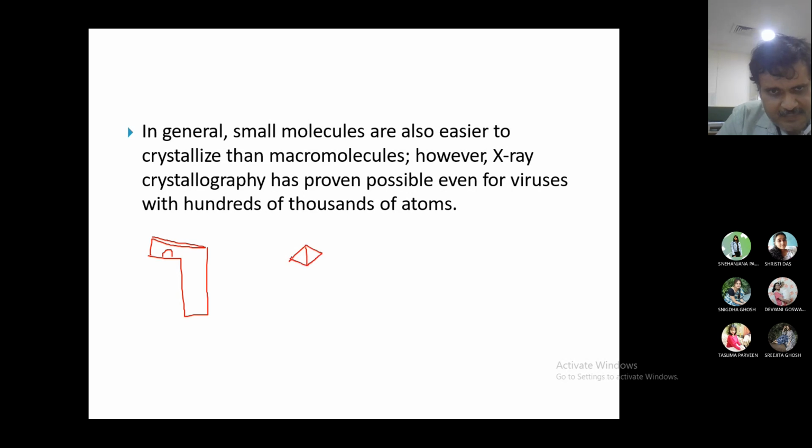This is a proper crystalline structure with a lattice. Suppose this is any protein, I don't know what protein I am drawing, but it can form a regular repeating structure having millions of layers of protein molecules.